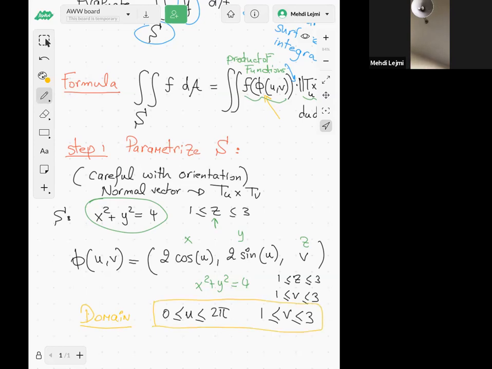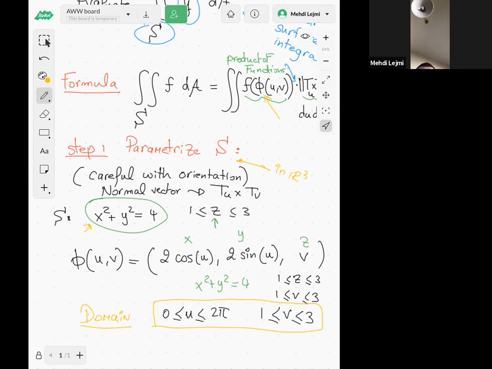Does this make sense to you guys? Do you see why this would be the parameterization of my cylinder? You take the equation x squared plus y squared equals 4. Well, that's just the equation of a circle, so you only need one parameter, u. And then, because we are in space, S is in R^3, you have this third coordinate, which is z.